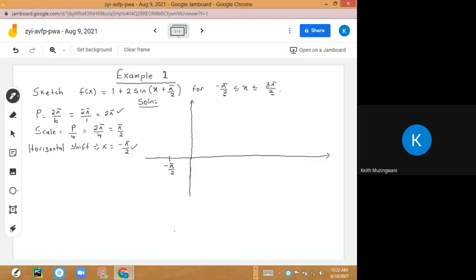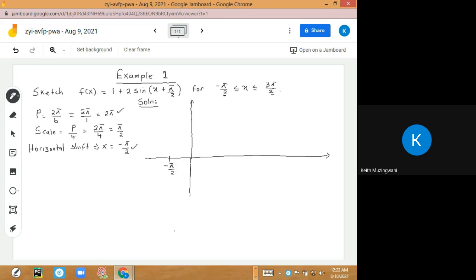We're remaining with the scale. It's our key tool that we are having in our hands for us to sketch this. So we need the period to find the scale. Then we use the scale to cover up the given interval, starting from the horizontal shift.